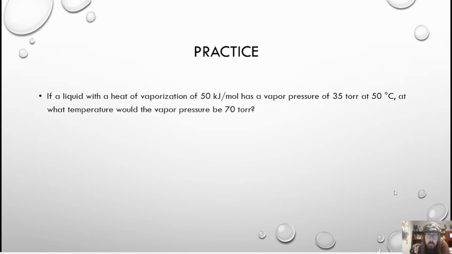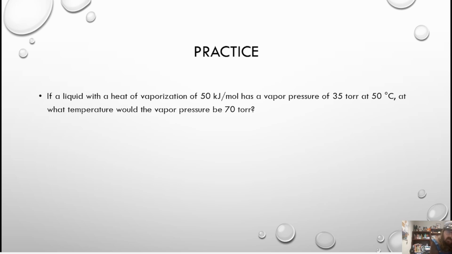Now, we're going to do this again. In this particular problem, if a liquid with a heat of vaporization of 50 kilojoules per mole has a vapor pressure of 35 torr at 50 degrees C, what would the temperature be at 70 torr?